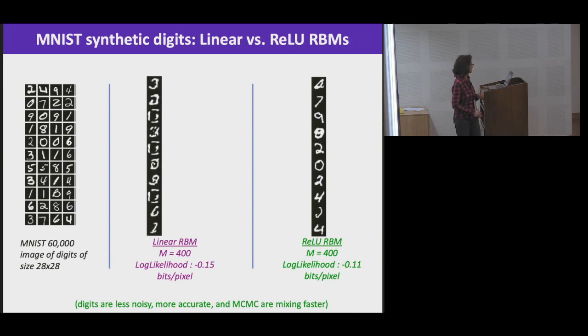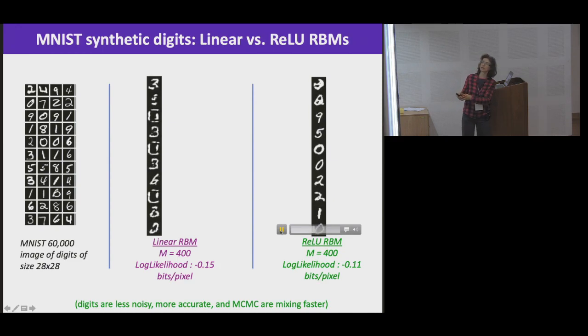On the contrary, if you have ReLU, you will generate digits which look very similar to this data set, and you make transitions more easily from one digit to the other, and this is thanks to this compositional phase, because you just turn off, for example, an edge and turn on another.